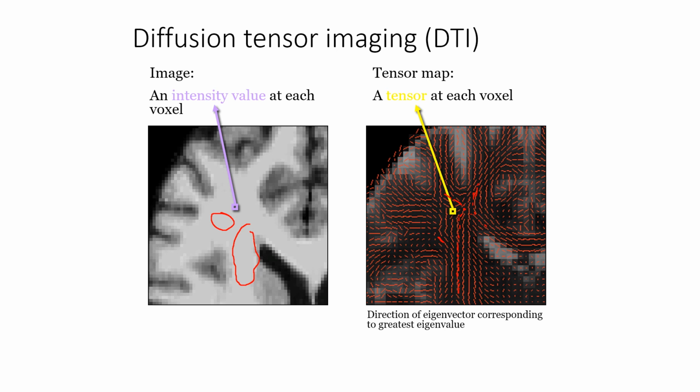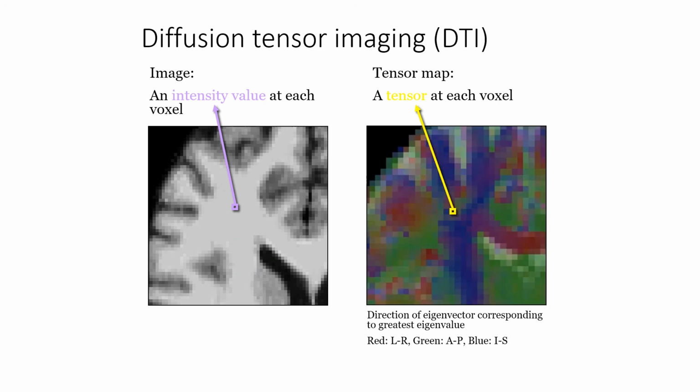And so we start to get an understanding of maybe what the white matter is doing. So that's the benefit of diffusion tensor imaging: we can reconstruct displacement of water in 3 dimensions.